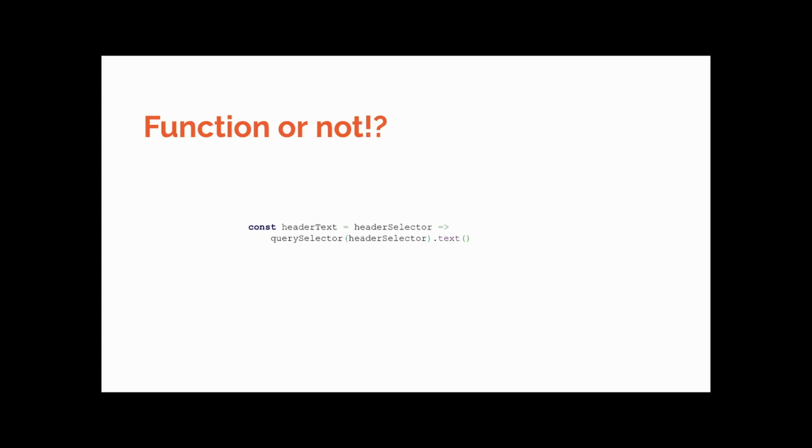Well, this is not a function. It's the same as console log. We don't know what query selector is. If we had passed query selector as an argument to this function, then this would have been a function. But again, we don't know what query selector is, so we might be influencing the outside world. Again, this is not a function.